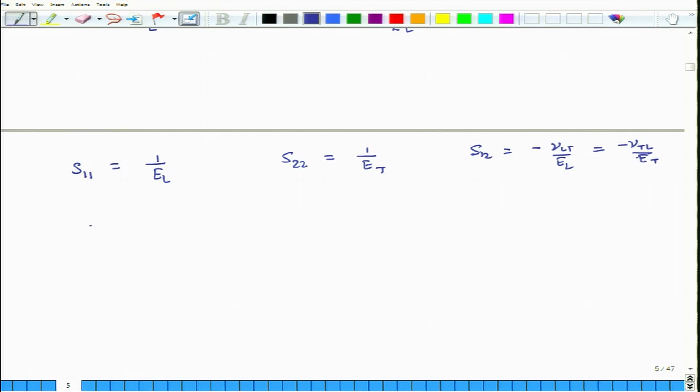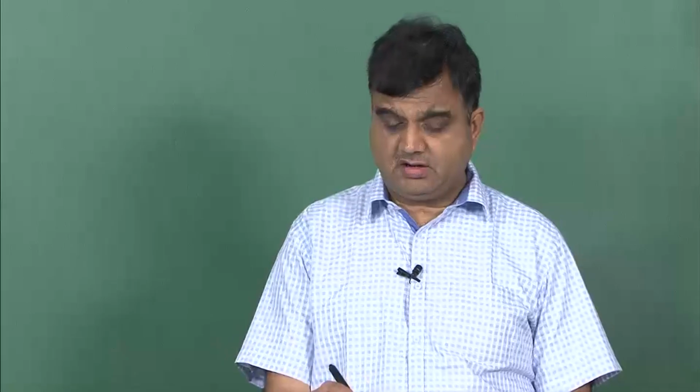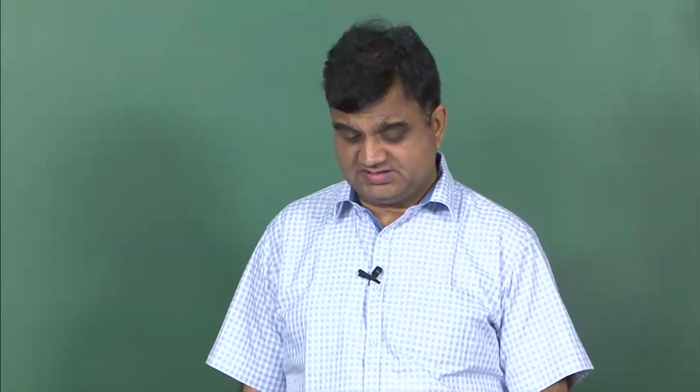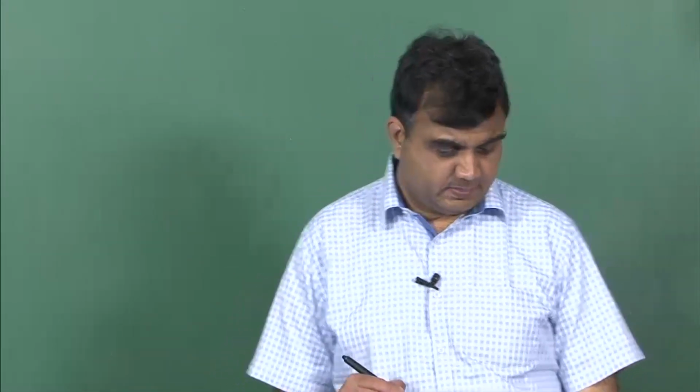And finally, S66 is equal to 1 over GLT. So, this is how, if you know the engineering constants, we can very quickly find out the elements of the compliance matrix, which is the S matrix, using these relations.